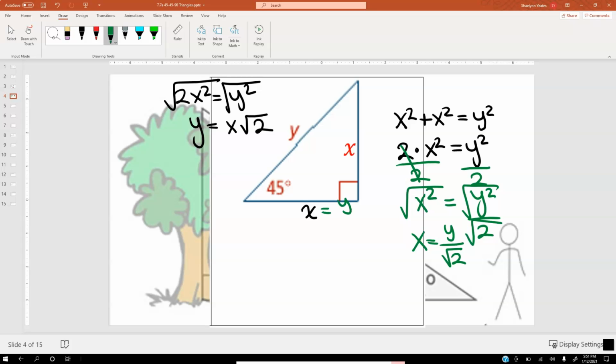Now you can write it that way, or if we rationalize the denominator, this is the same thing as y square root 2 over 2. Depending on the problem, one of those is easier than the other. I promise, sometimes one is easier than the other. Okay.